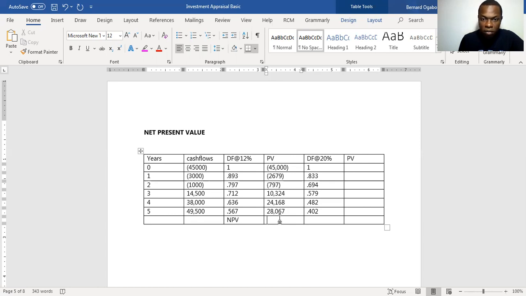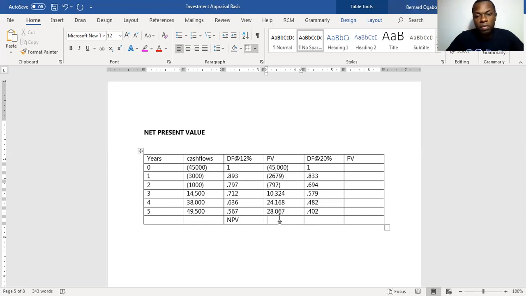We will take off 2,679. We're going to take off 45,000.